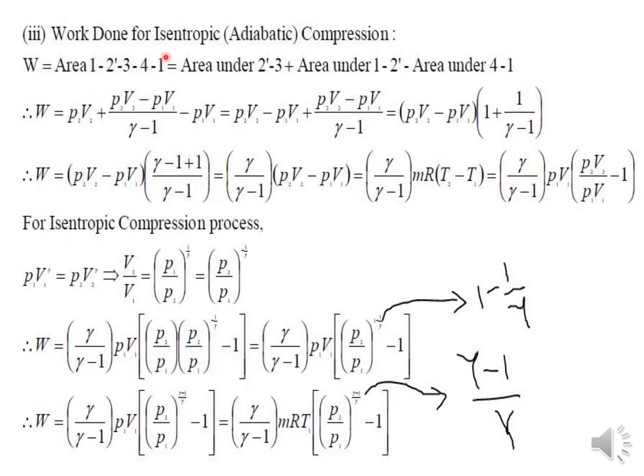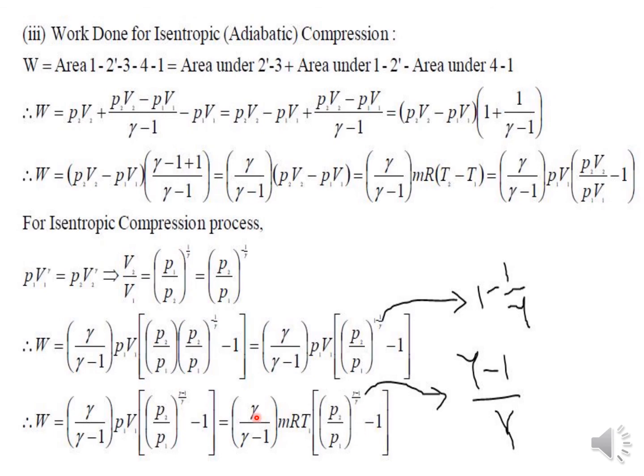Next, work done by the isentropic process. Whatever we have done in the polytropic process is similar for the adiabatic process. The only change is that n is replaced by gamma. All the equations are the same, and finally we get the same equation here also, that is gamma by gamma minus 1 MRT1 times (P2 by P1 raised to gamma minus 1 by gamma, minus 1).